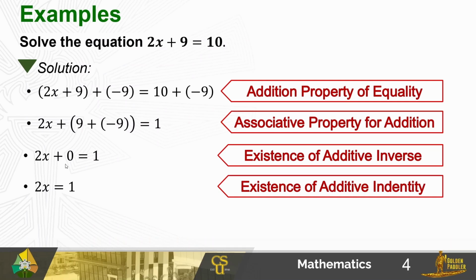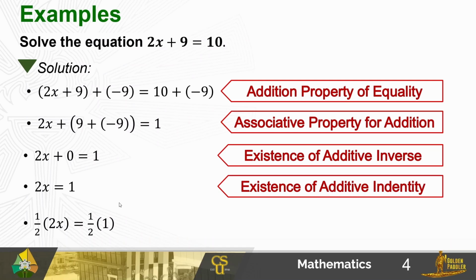Okay, so now, in order to solve for x, from 2x is equal to 1, what we're going to do is multiply both sides of the equation by 1/2. So, 2x times 1/2 is just equal to 1/2 times 1. So we have 1/2 times 2x is equal to 1/2 times 1.